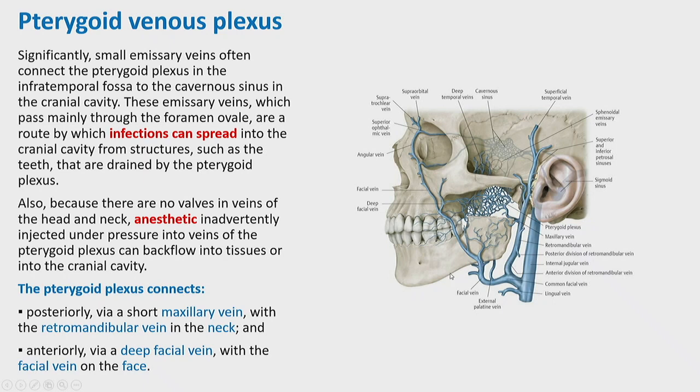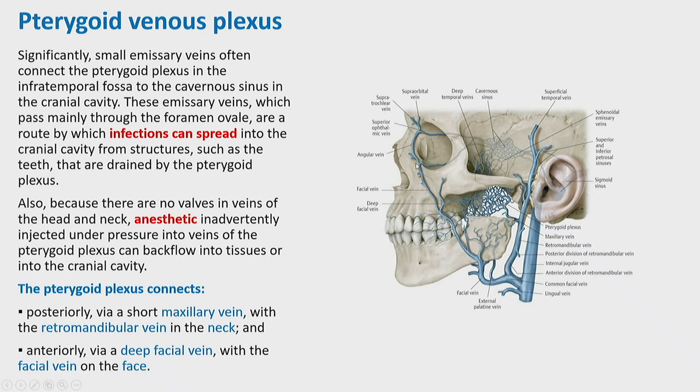Why is this important? Through the foramen ovale passes an emissary vein, which connects extracranial and intracranial veins. And you have to learn that the pterygoid venous plexus dorsally is connected with this vein, and anteriorly is connected with the facial vein, and the facial vein is connected, as you see, through the angular vein with the superior ophthalmic vein, which passes through the superior orbital fissure and drains to the cavernous sinus.